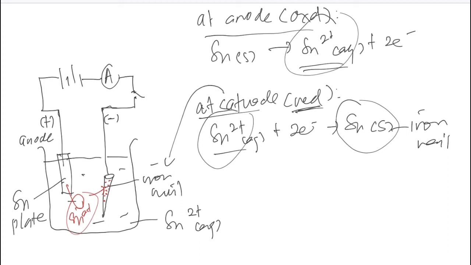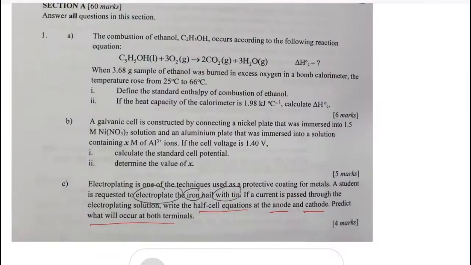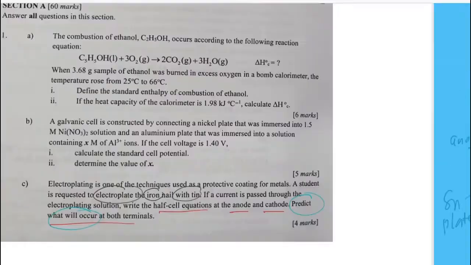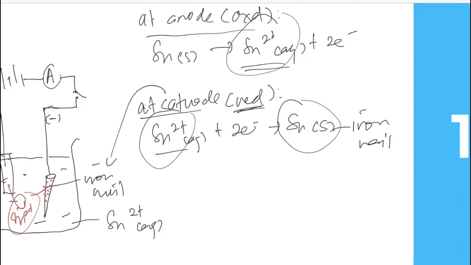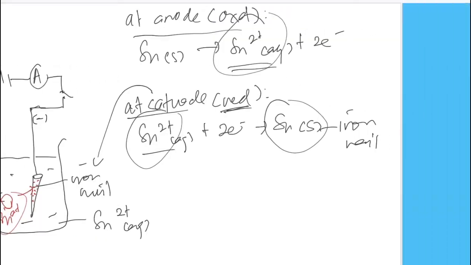Now the second part, they want us to predict what will occur at both terminals. Okay, so here my answer will be at anode lah. Kita tengok at anode dulu. Atau saya tulis kat sini. Boleh tak cukup ruang.